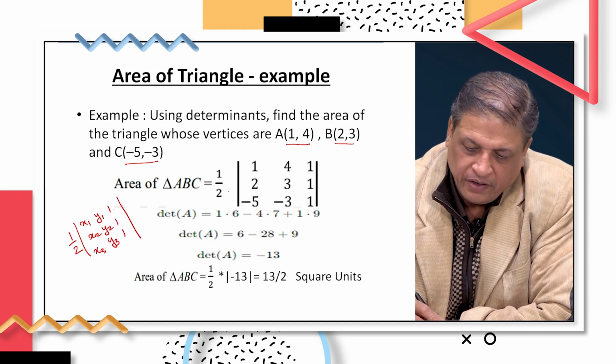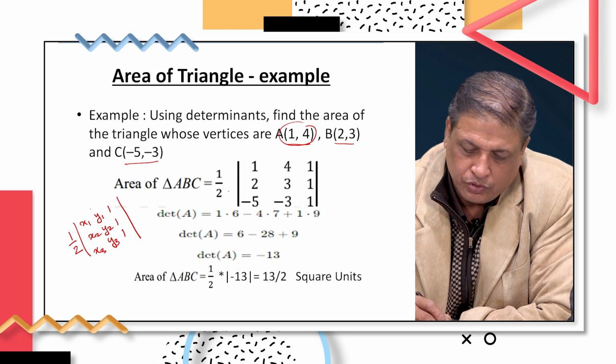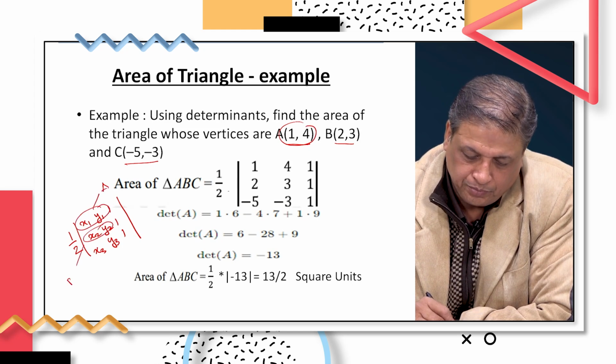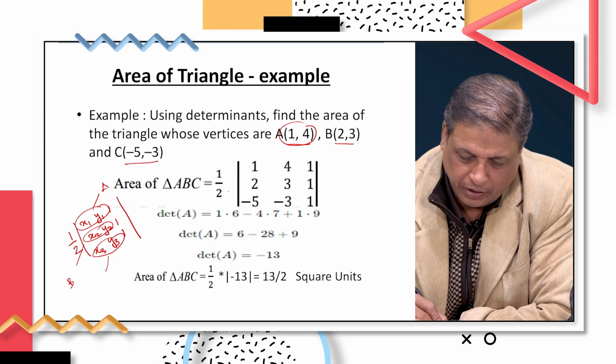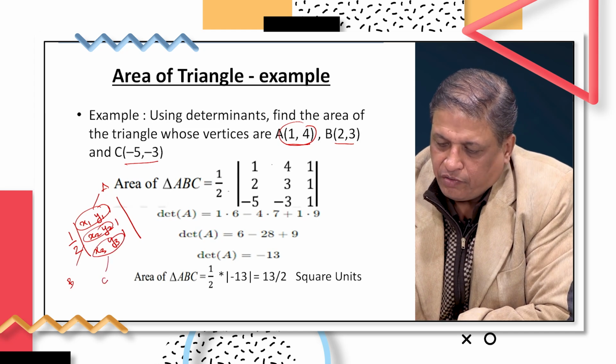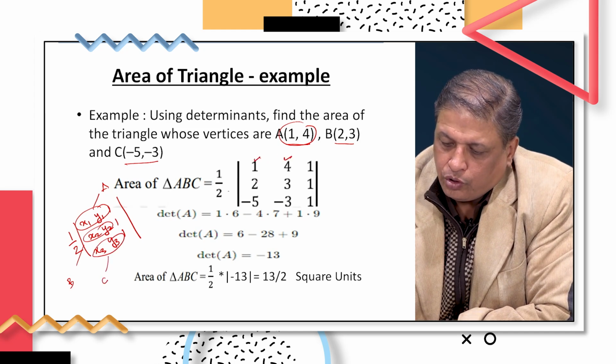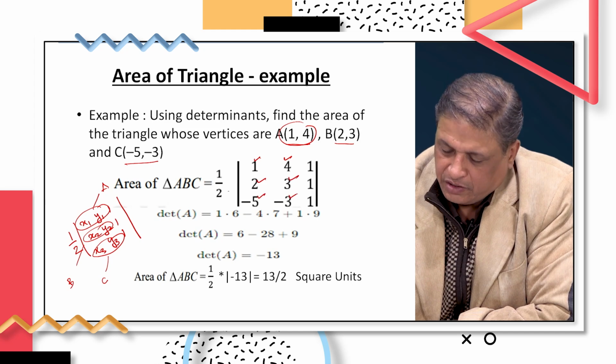These are the coordinates for point A, these are the coordinates for point B, and these are the coordinates for point C. So we pass on the values 1, 4, 2, 3, -5, -3.